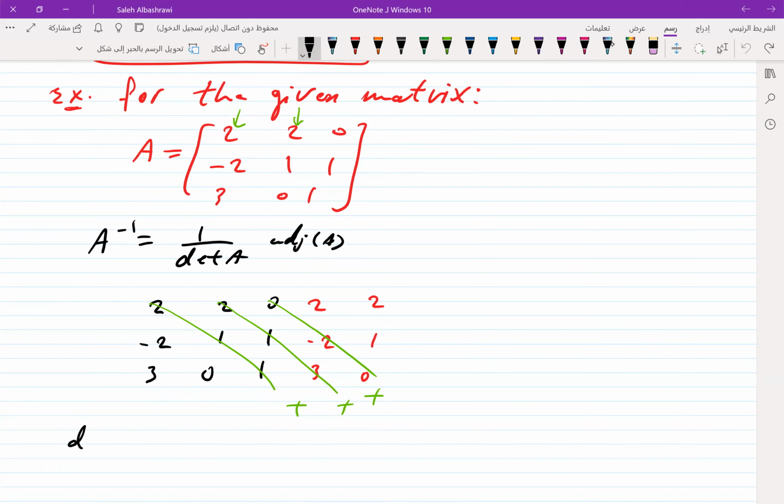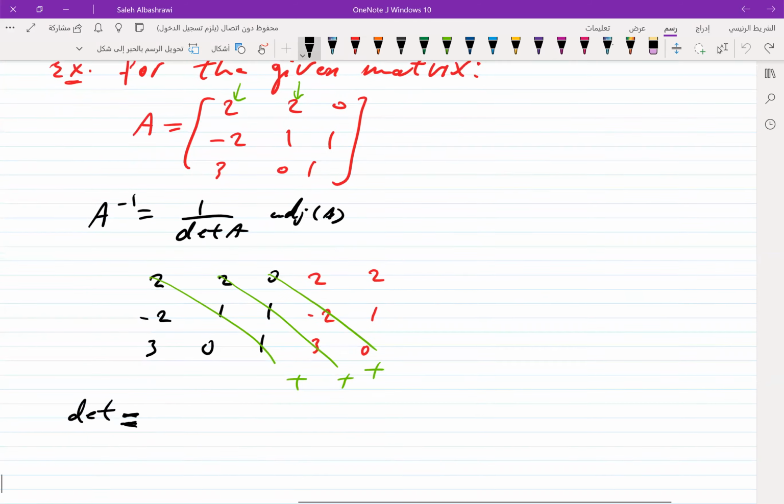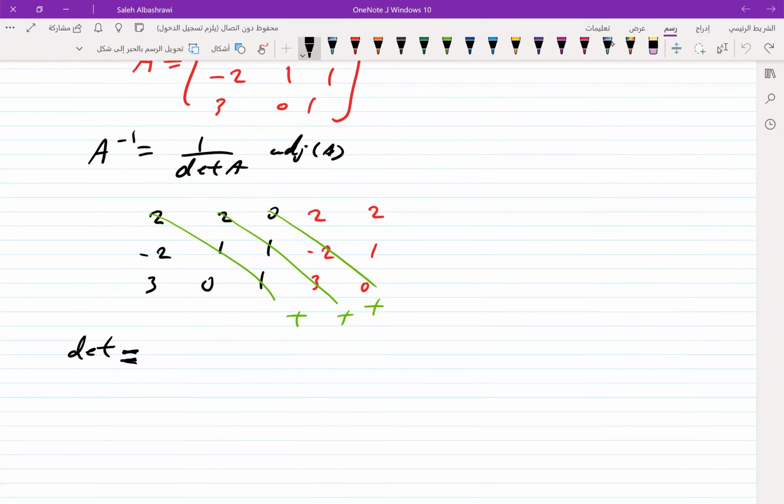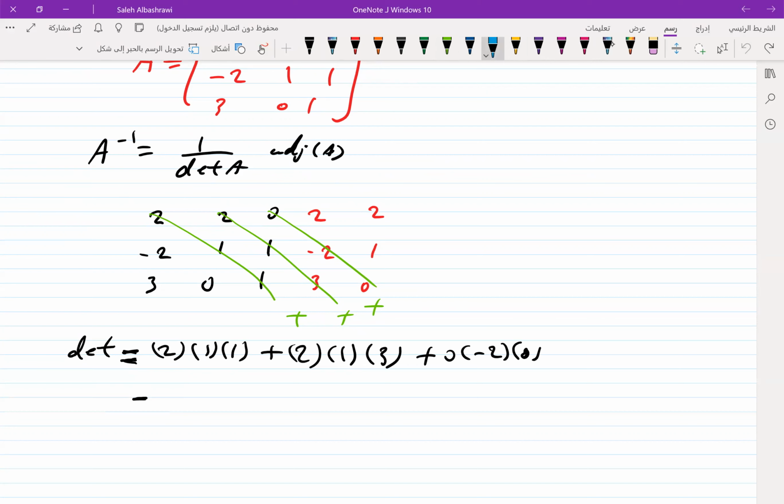Determinant equal to 2 multiplied by 1 multiplied by 1, plus 2 multiplied by 1 by 3, plus 0 multiplied by minus 2 multiplied by 0. Then the negative sign going in the other direction, multiplied by these three numbers.